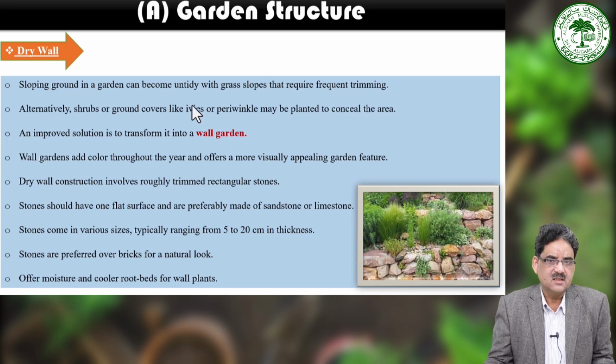Under garden structure, the next feature is the dry wall. The banks of sloping ground formed out of necessity in a garden become an untidy place of grass slopes where frequent trimming is a cumbersome job, or where shrubs are planted or covered with ground covers, ivies or periwinkle to hide the place.